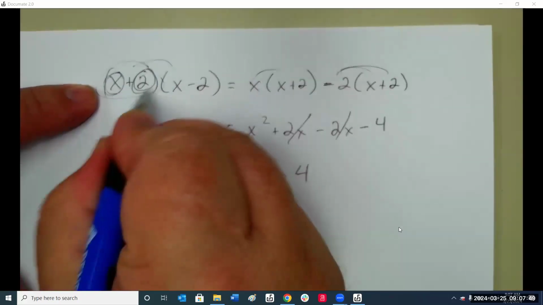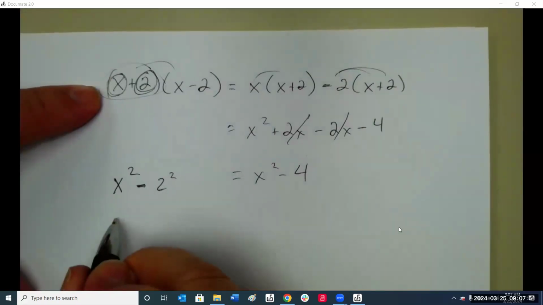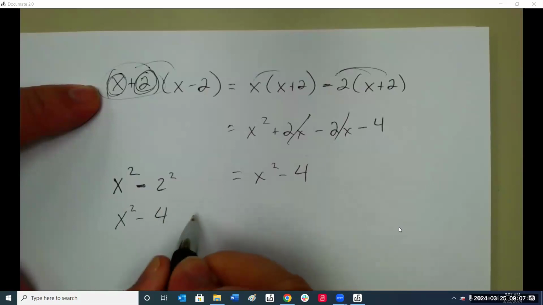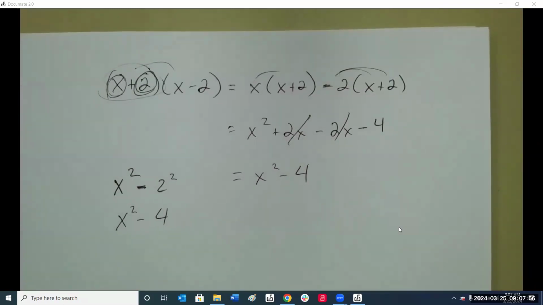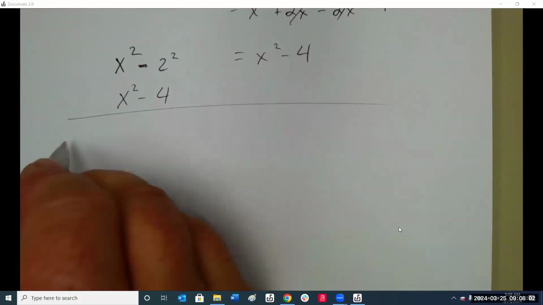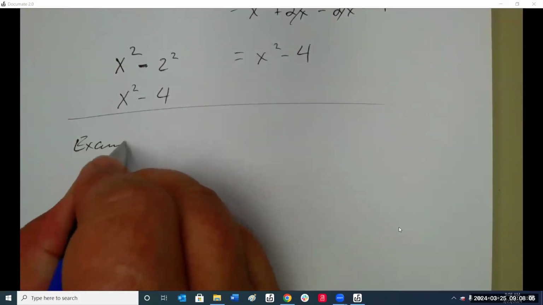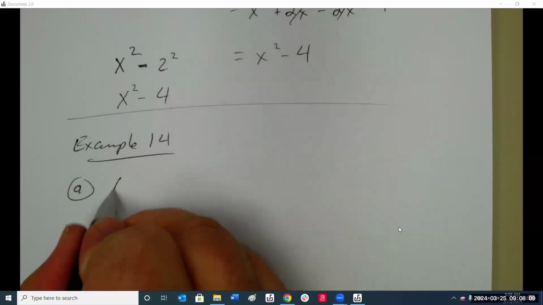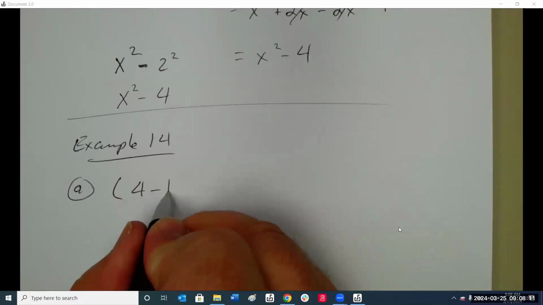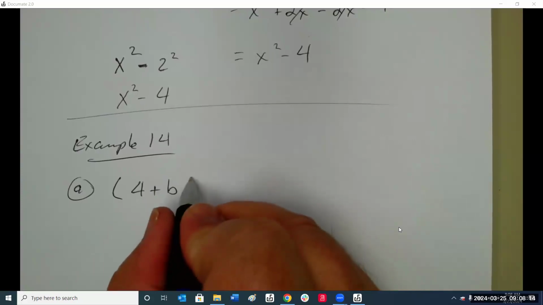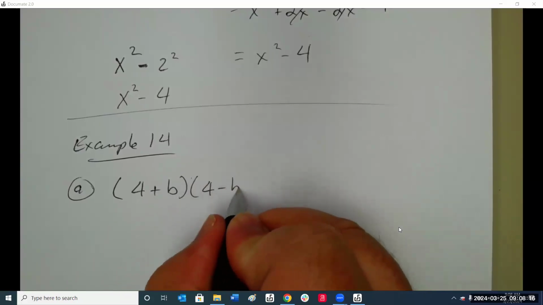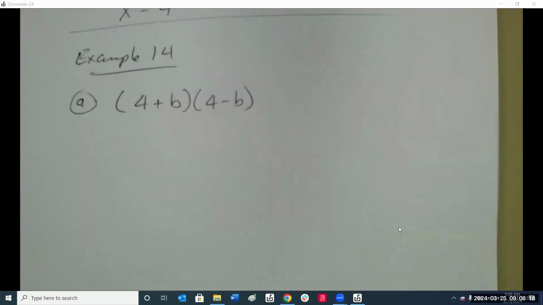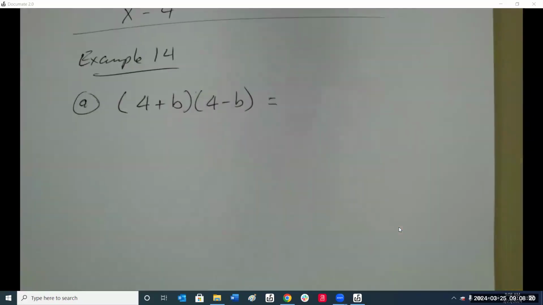Minus, take whatever's here and square it. And show them a shortcut. Which is what our example 14 is all about. 4 plus b, times 4 minus b. Use a shortcut.